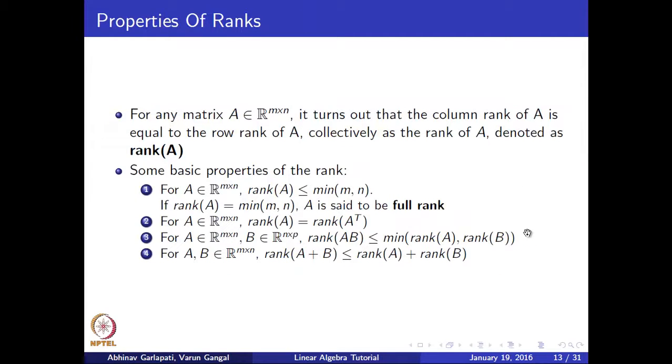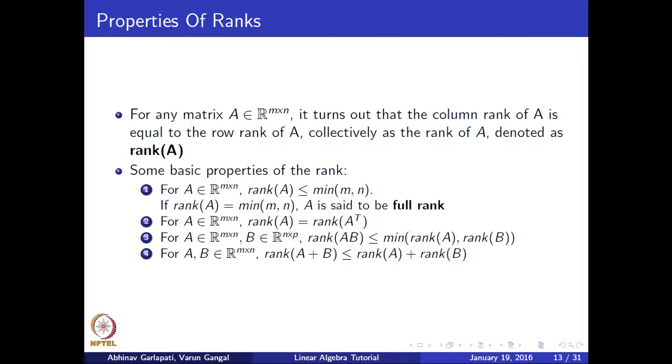Let us walk through some interesting properties of ranks. For any m cross n matrix of real numbers, the column rank is equal to the row rank. We refer to this quantity as the rank of the matrix. Earlier we had looked at a quantity called nullity. Nullity is the rank of the null space of A. Some other interesting properties of ranks are also listed here.